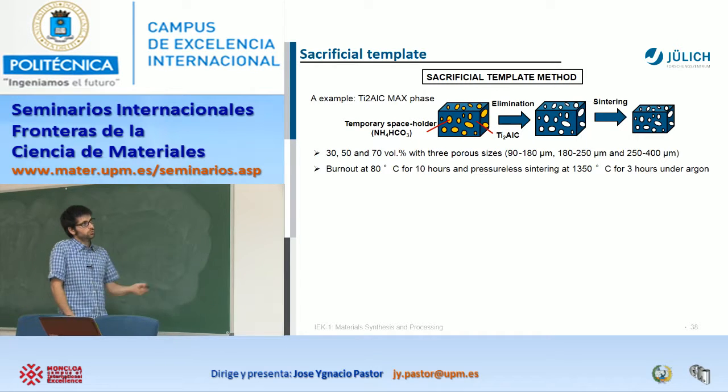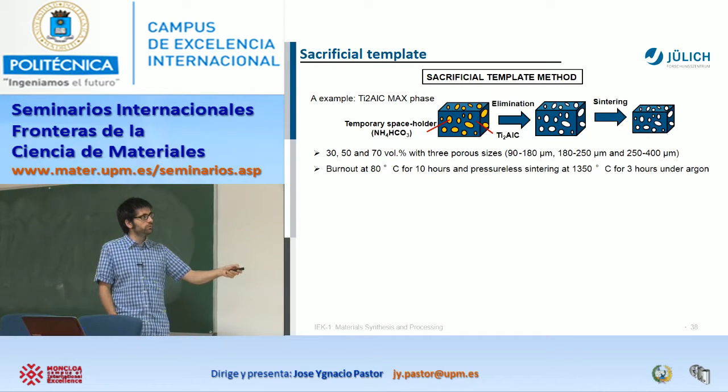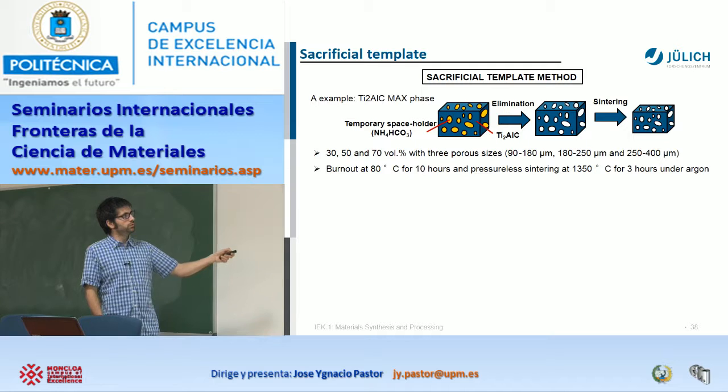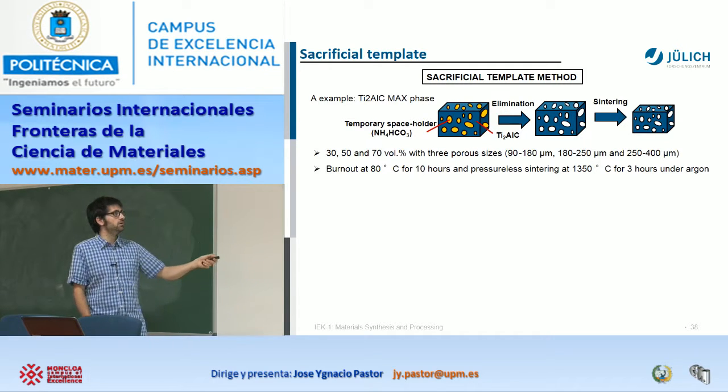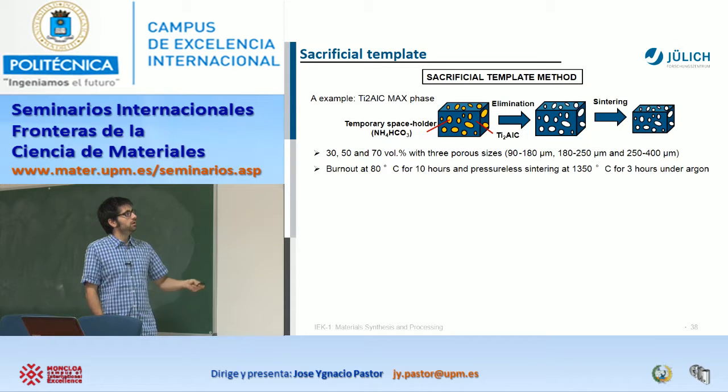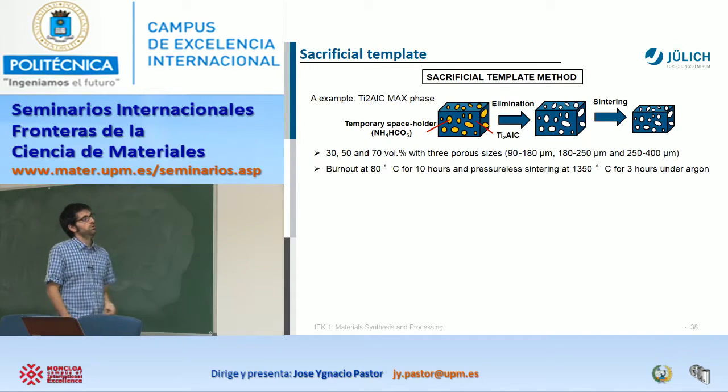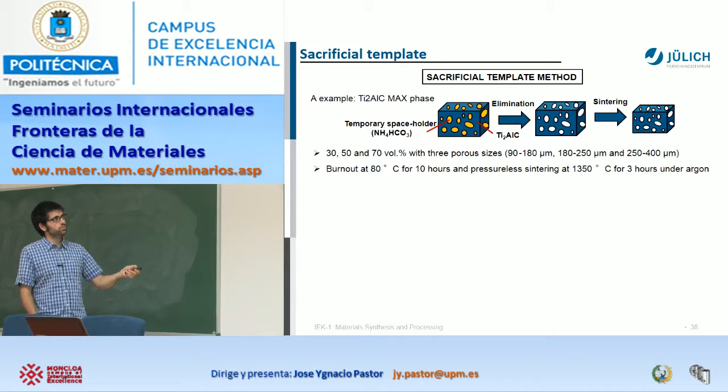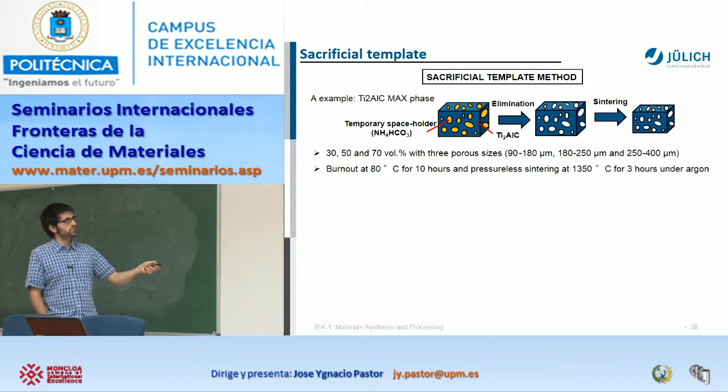We mix our powder with this space holder, which in that case was an organic compound with a low point to evaporate. Then we mix, press, and heat it up step by step. We mix in a combination of 30, 50, and 70 volume percent of this temporary space holder, using different sizes.